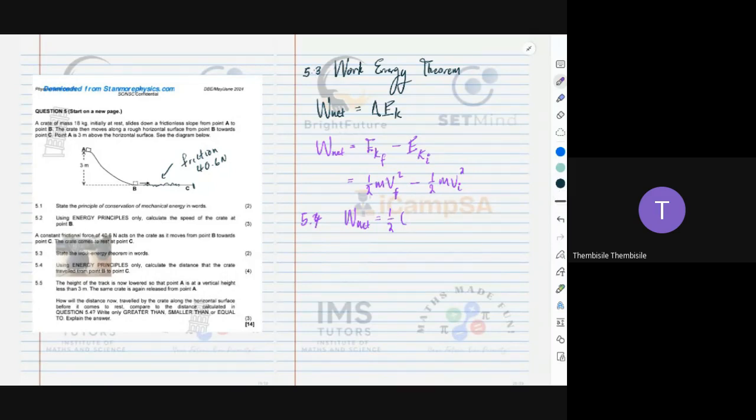So here we can say the box is 18 kgs, but now they said at C it comes to rest. At C it comes to rest. So that means here velocity is going to be 0 minus 1 over 2, 18.